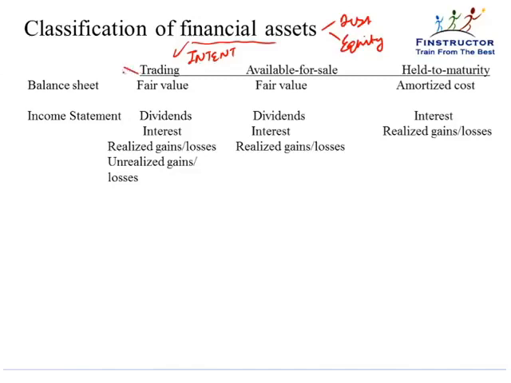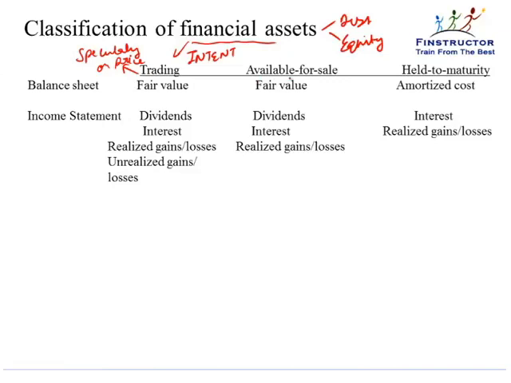So trading securities were acquired with the intention of making a quick profit and selling out. So they were not long-term investments. We are essentially speculating on the price. Available for sale securities were not purchased with the intention of selling them like trading securities or just for a small pop in the price. So they were bought for a more long-term use.